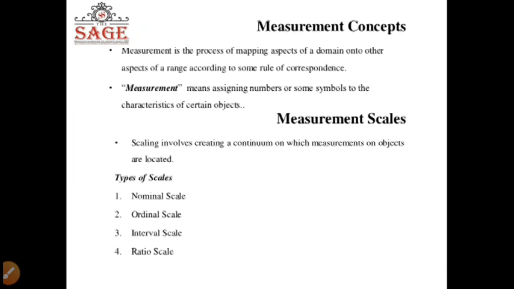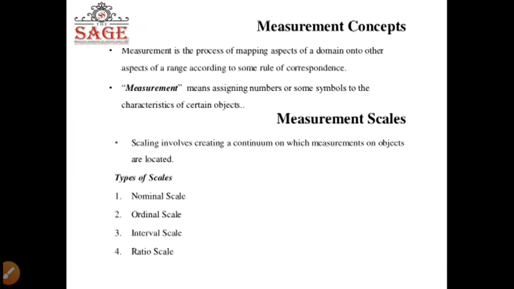Now, measurement scales. Scaling involves creating a continuum on which measurements of objects can be located. Now, types of scales. You have a 6-inch scale, you have a 12-inch scale, then you have a meter scale, then you can have a kilometer scale, and these are all number scales.